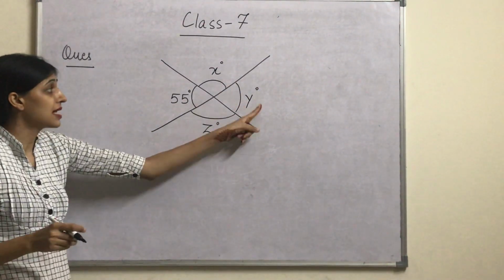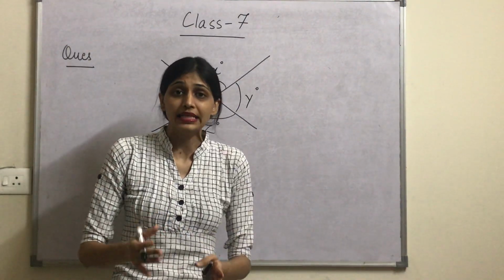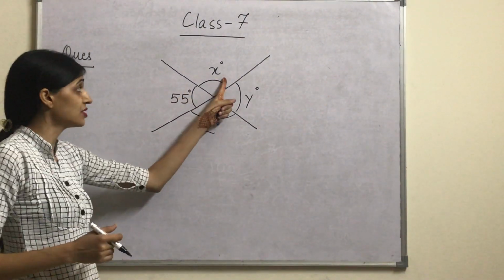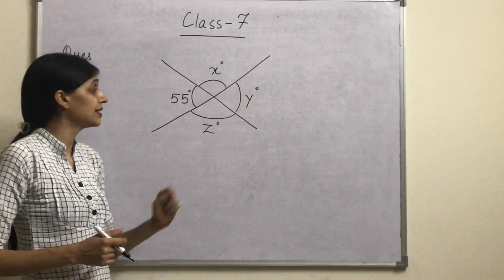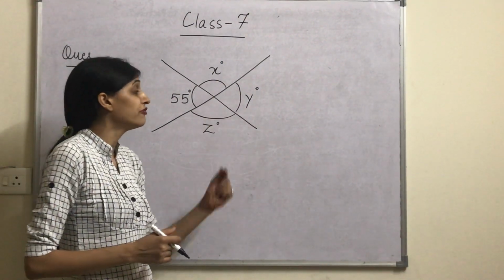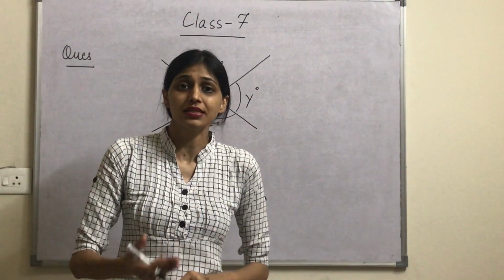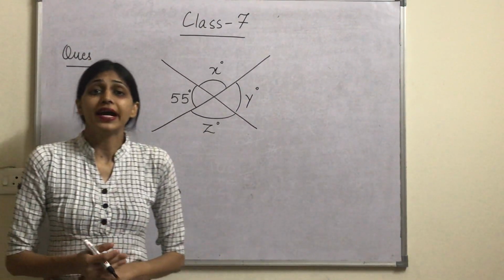Whatever angles are unknown, we named them as a variable. So this is x degree, this is y degree and this is z degree. We have named them in the form of variables because these are unknown angles that we have to find out.